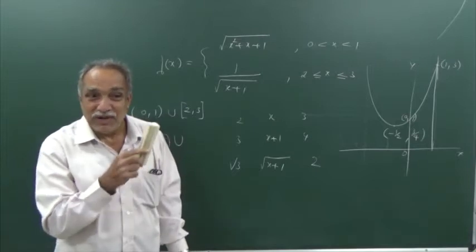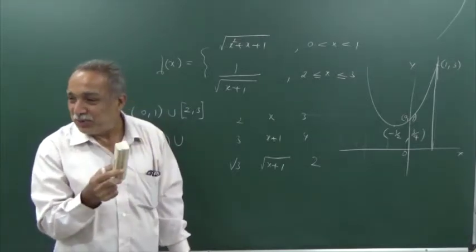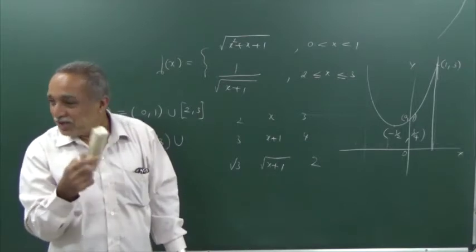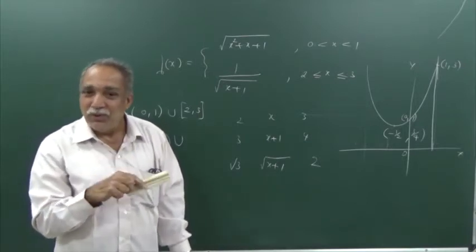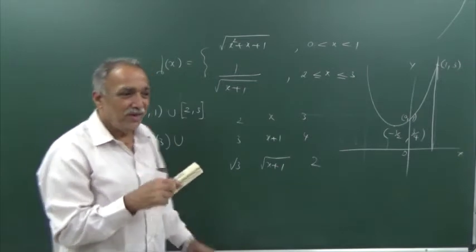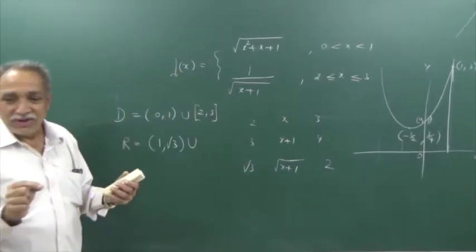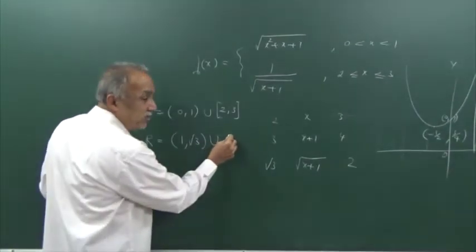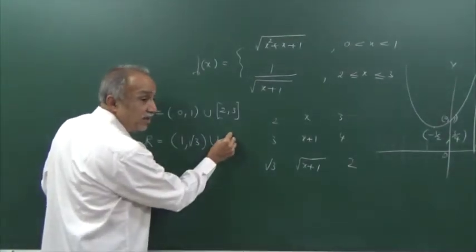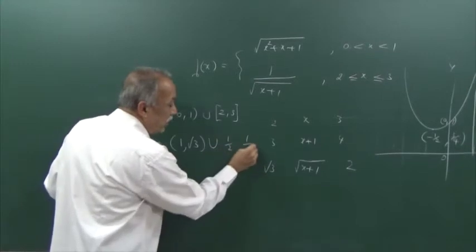Interval will not be from 1 by root 3 to 1 by 2, instead will be from half to 1 by root 3. Okay? Values will be traced in the opposite direction. That's all. So, the interval is from 1 by 2 to 1 by root 3.